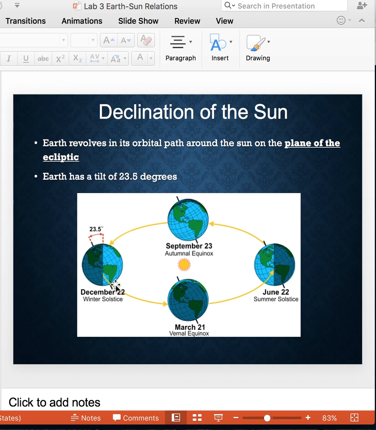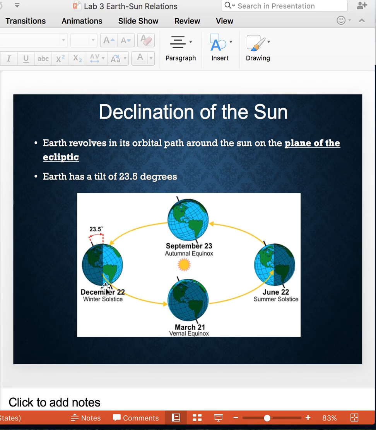This whole area, which is 66.5 degrees down here, is always getting sunlight 24 hours a day. That is because it's December 22nd, when the sun is in the furthest part of the southern hemisphere. It's at 23.5 degrees south at the lowest.